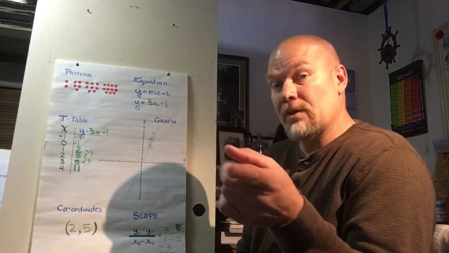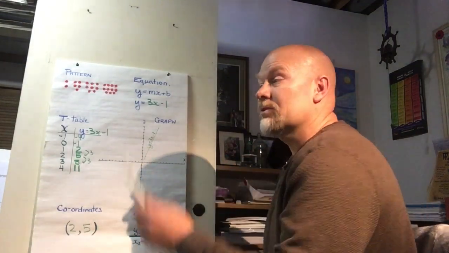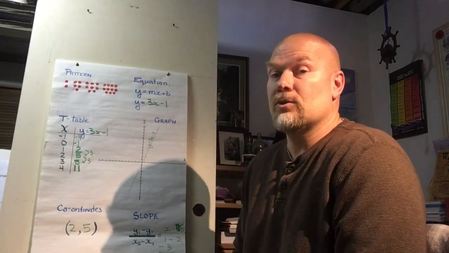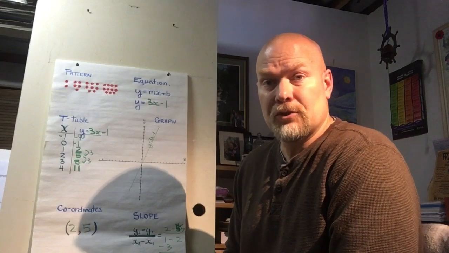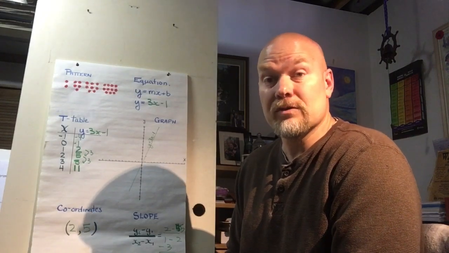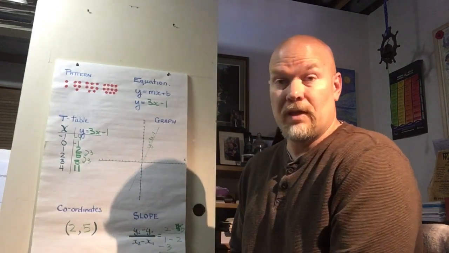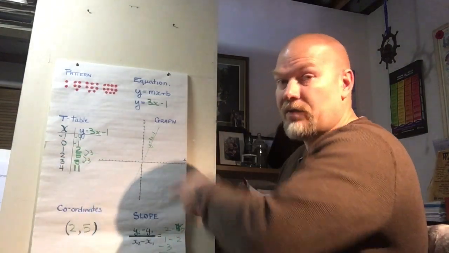Now, slope is something that we use mathematically when determining algebraic equations, but slope is also called rise over run, and that is what is used when contractors and builders design roofs. They need to know the rise over run of a roof: how many meters across, or how many meters up.